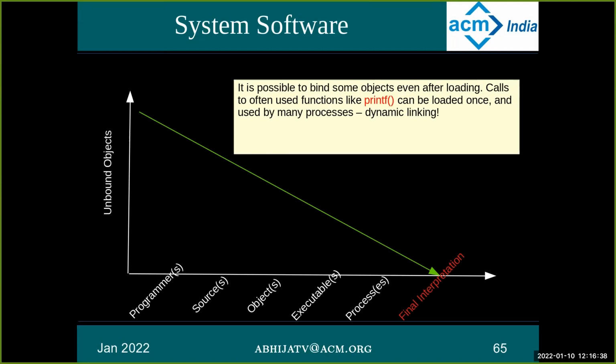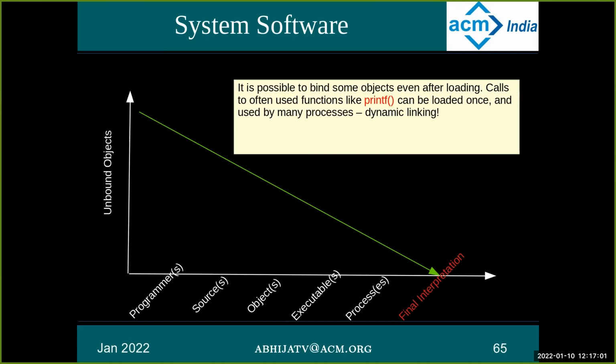So just prior to interpretation, it's possible that there are still some unbound objects. But there is a technique created for creating bindings even after the processes start, called dynamic linking.